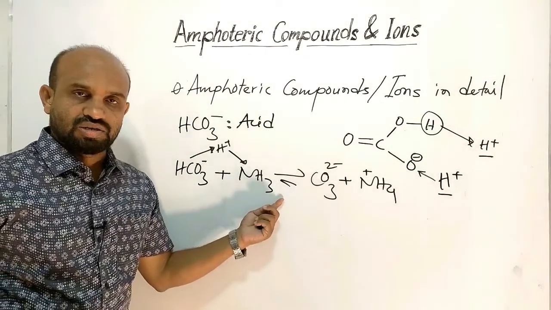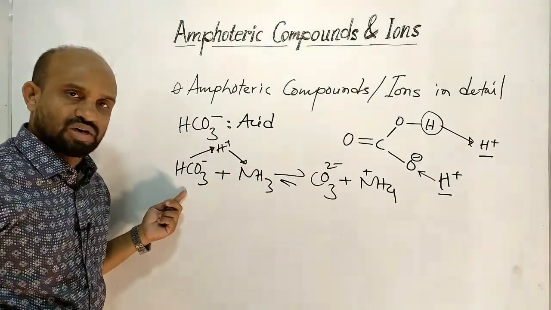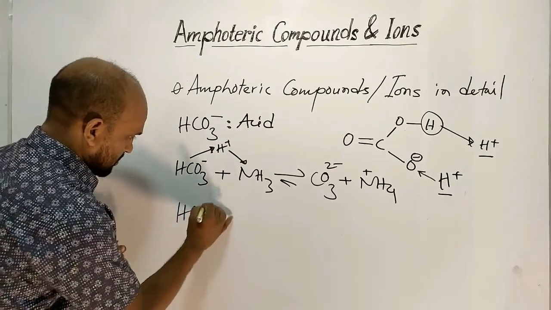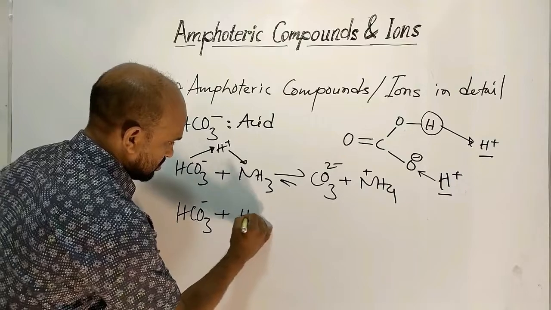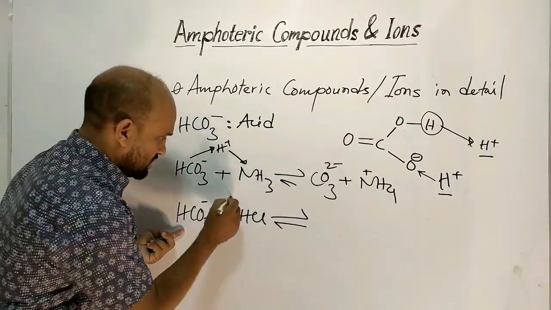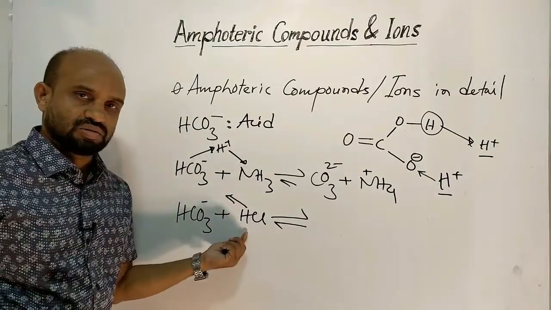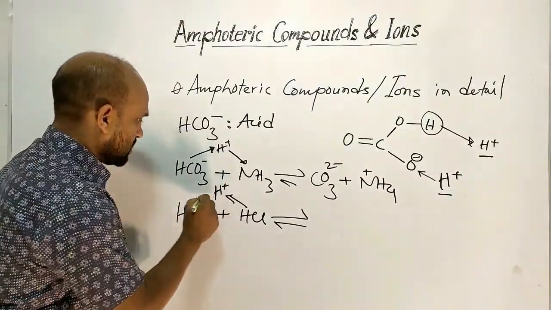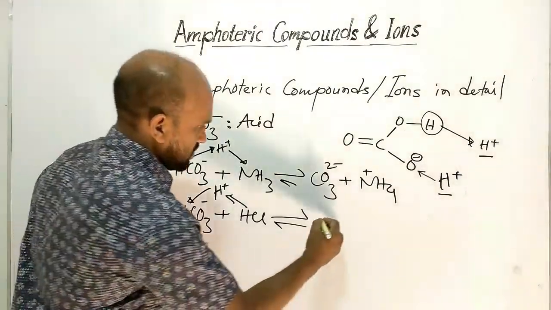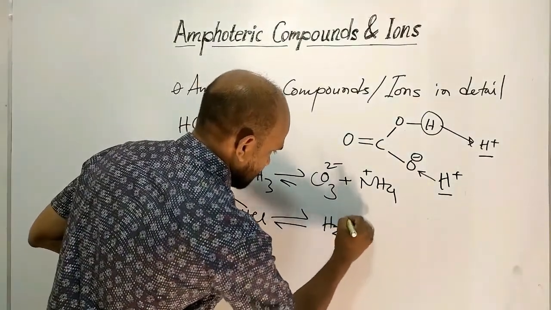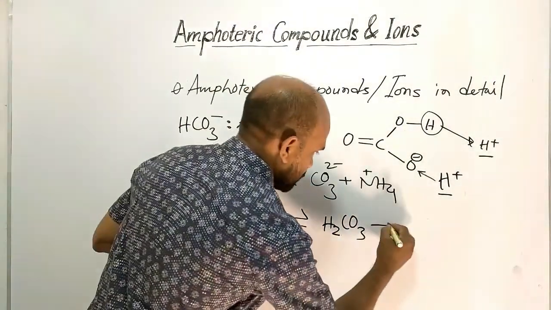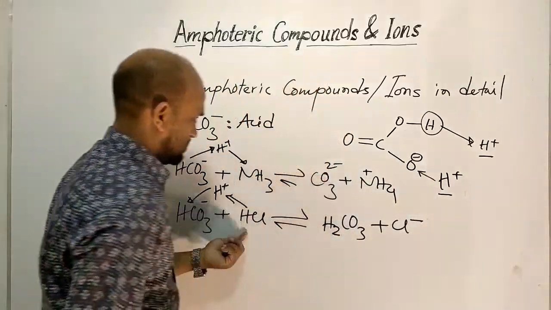Let's see another reaction where bicarbonate ion acts as base. Bicarbonate ion and HCl: hydrochloric acid donates a proton and bicarbonate ion accepts that proton. Here bicarbonate ion becomes carbonic acid and hydrochloric acid becomes chloride ion.